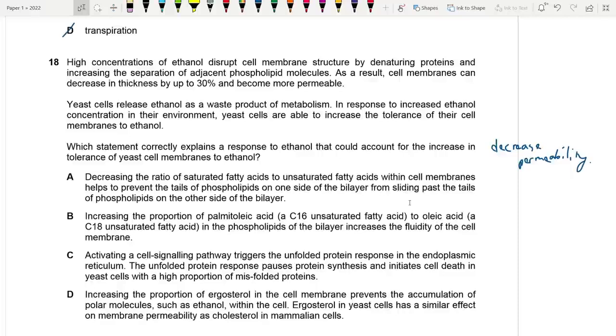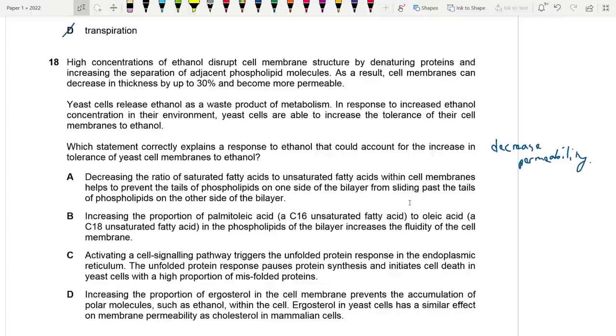That's how it actually changes the fluidity. Mainly a few things affect fluidity, okay? The presence of cholesterol stabilizes membranes.